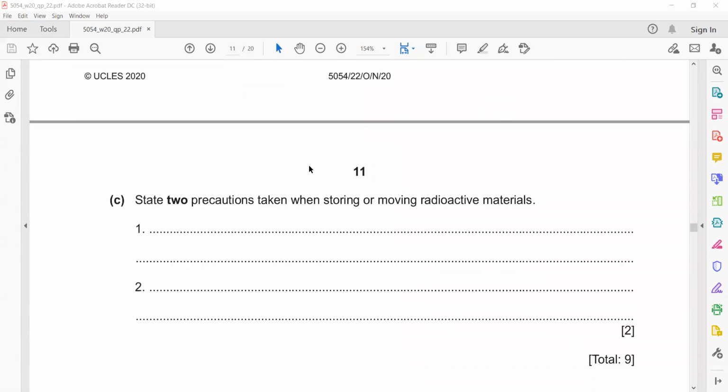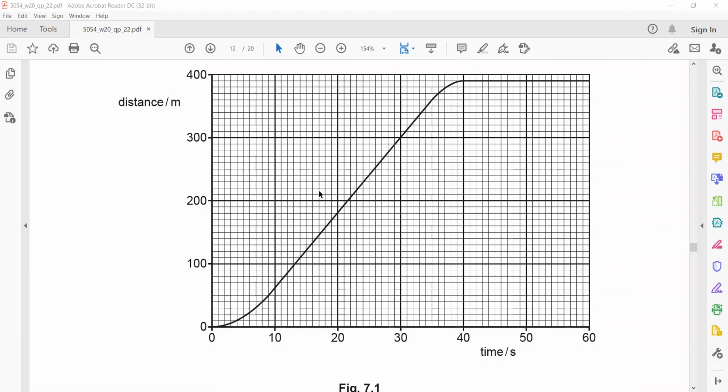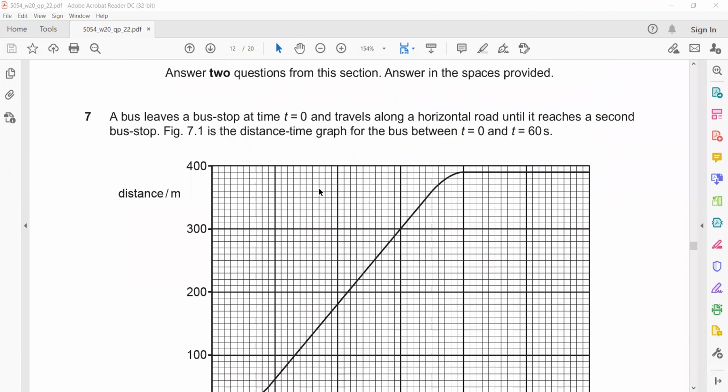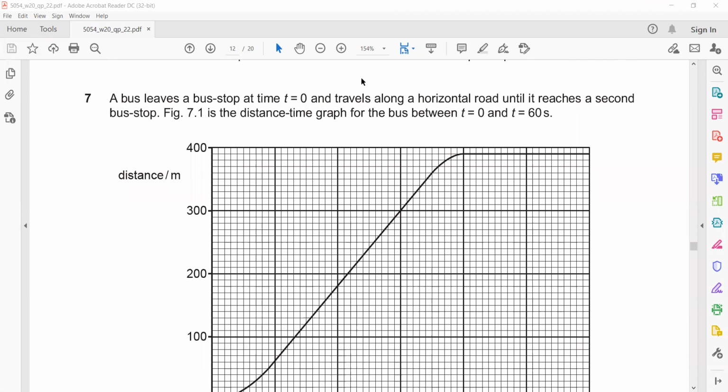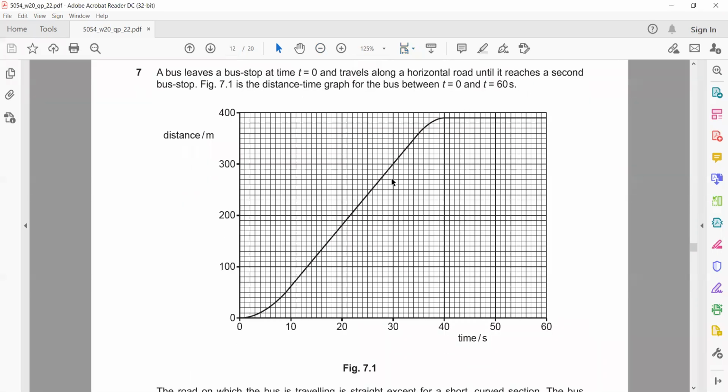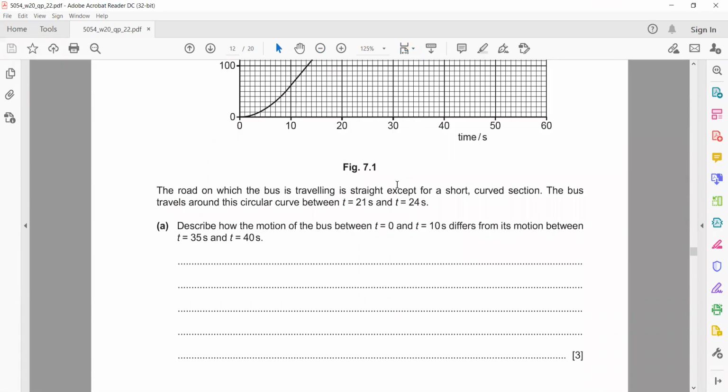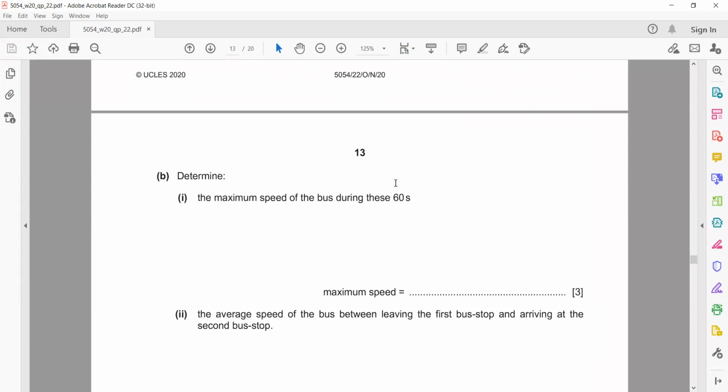Then question 7b. A bus leaves a bus stop at t equals 0, and travels along a horizontal road until it reaches the second bus stop. Figure 7.1 is a distance-time graph. The second part of 7b is a doubt: the maximum speed of the bus during these 160 seconds.